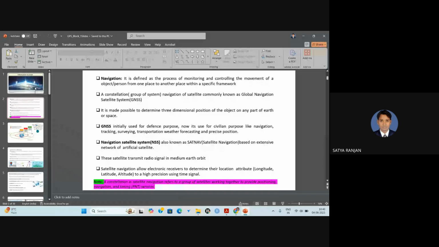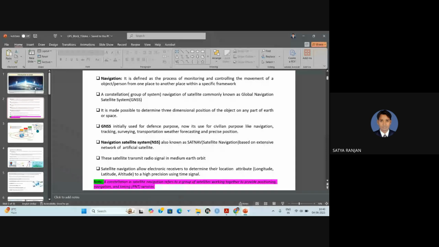So all these GPS systems are based on the navigation related. So that's why they are called as the global navigation system.